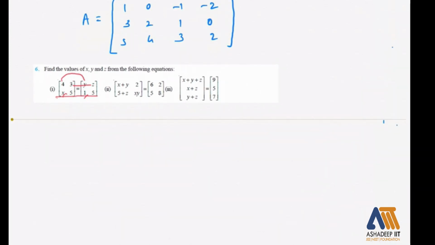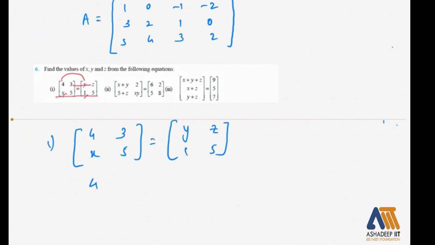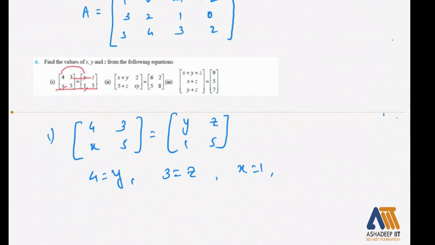So if we solve, first 4, 3, x, 5 is equals to y, z, 1, 5. So 4 must be equals to y, 3 is equals to z, x is equals to 1 and 5 is equals to 5 is already given.